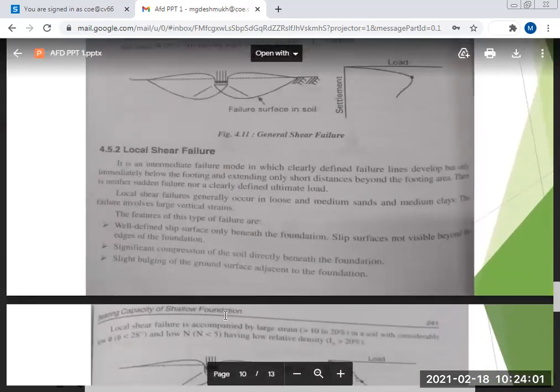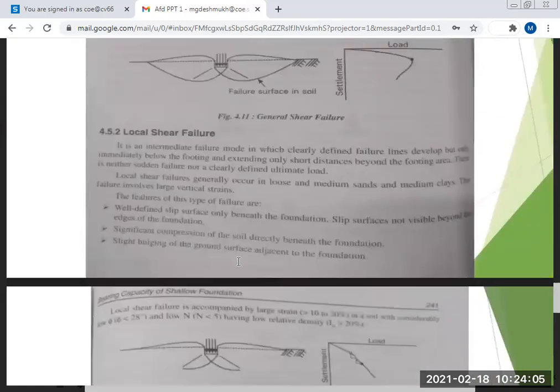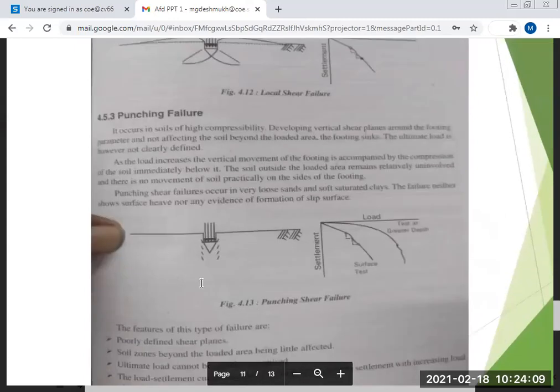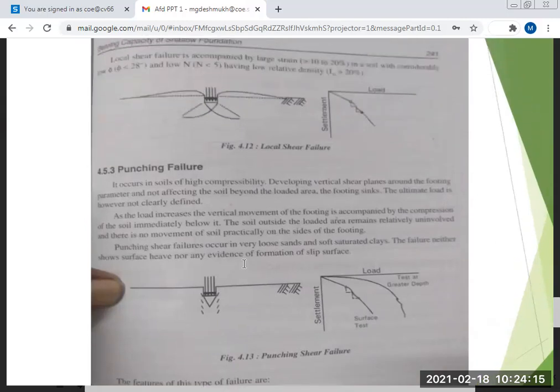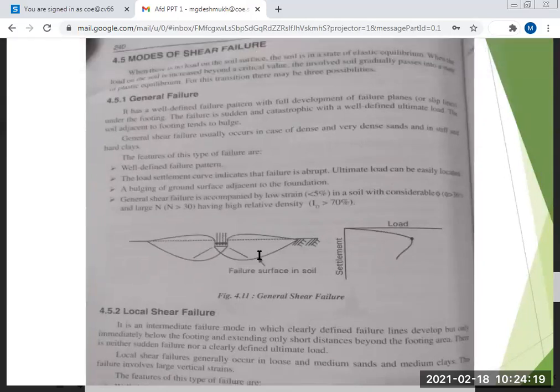I hope the type of figure is very clear to you for general shear failure, local shear failure, as well as punching shear failure. Are you following me? Okay, this is the well defined, beautiful, symmetrical figure. It doesn't mean that practically you will get the same figure like this.